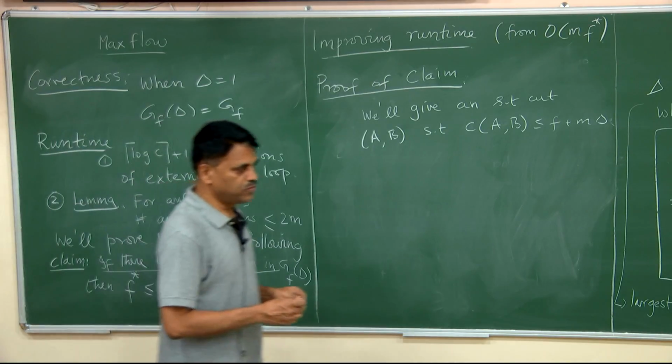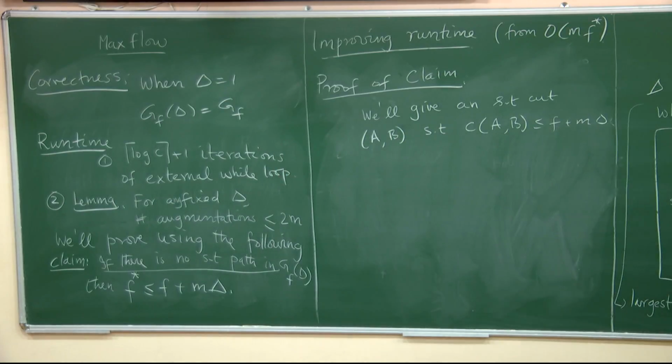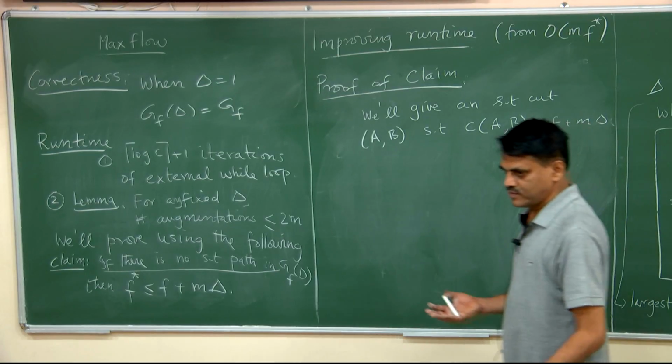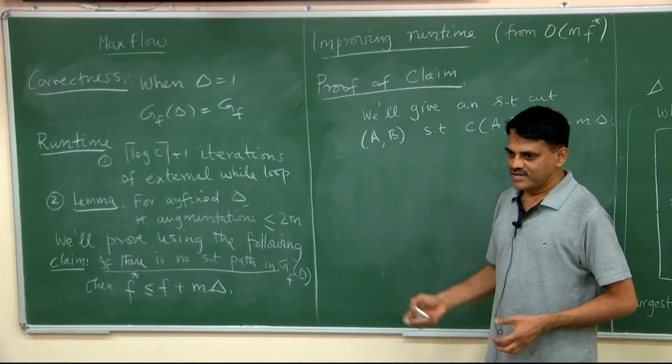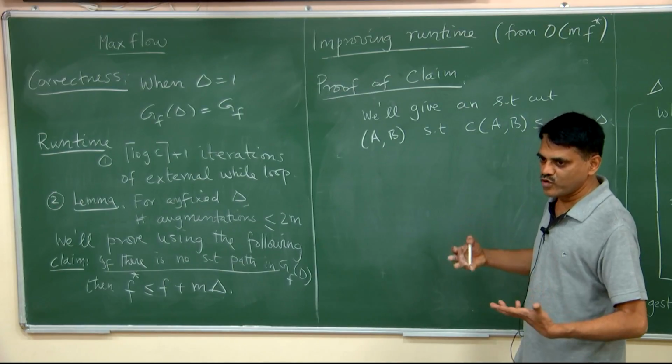Recall how we exhibited the cut for max flow min cut. Set of vertices, each in GF delta. Now here, it's GF delta, right? That's where I know there is no ST path.